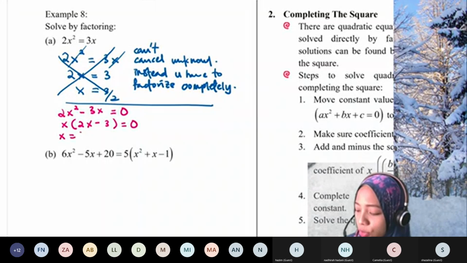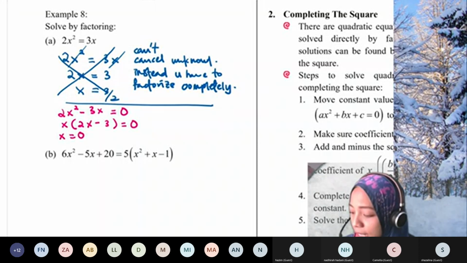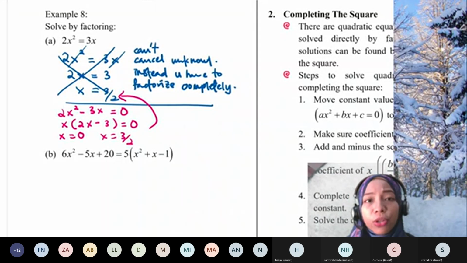So x equals to 0 is one of the answer. You tak boleh cakap x equals to 0 tu bukan satu jawapan. Dia adalah jawapan juga. And then x equals to 3 over 2. Walaupun jawapan macam nak sama, tapi disebabkan dia quadratic, you need to have two values of x. And x equals to 0 is also a value.